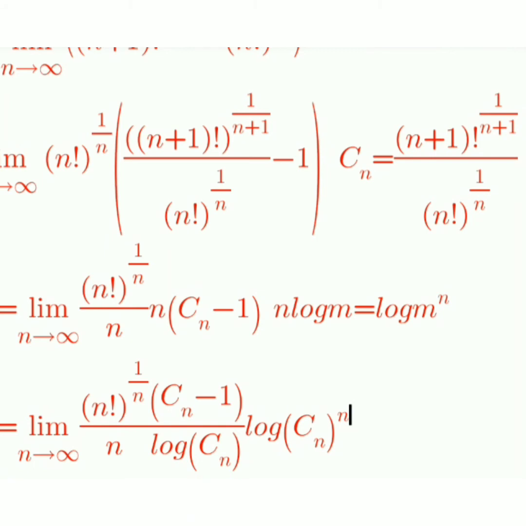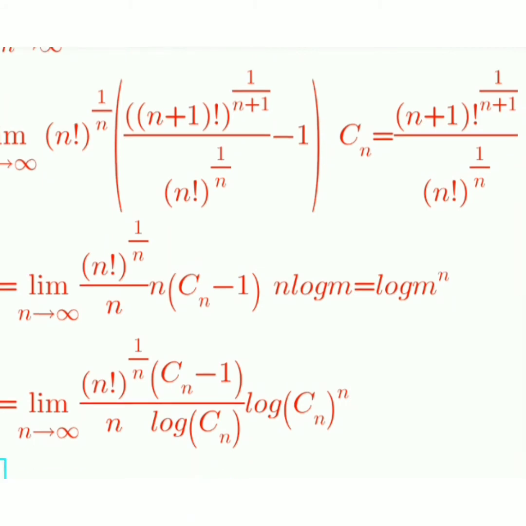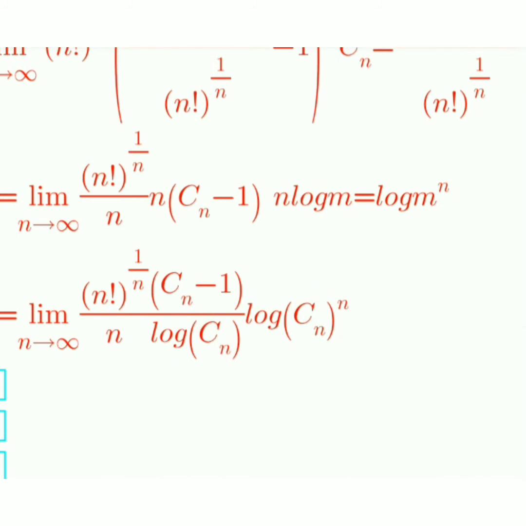And now, according to the product formula, I want to see the limit n tends to infinity of log of Cn. So friends, what is the value of the log of Cn?